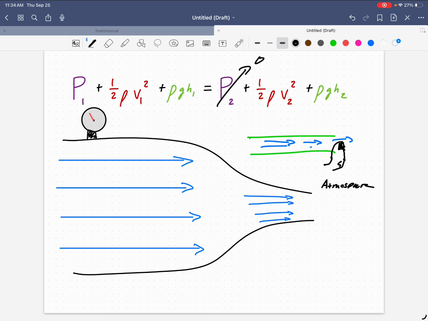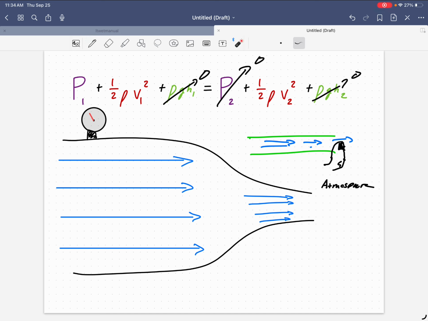If you go from one height to another, it's probably going to be like 2 inches. It's not super significant. So now we have 0 plus our kinetic energy plus 0 on this right side of the equation.